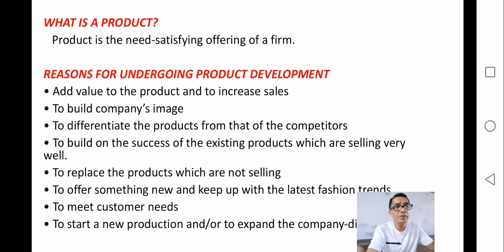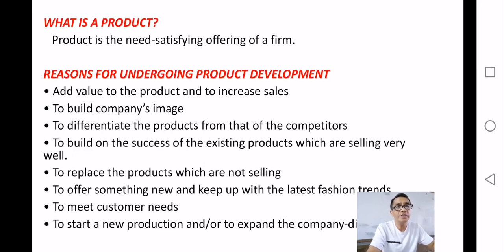Okay, so if our products are already selling very, very well, again, we must not be content with that because some of our competitors might imitate our product. So we need to continually improve our product. That's why a product will always go through the process of development.